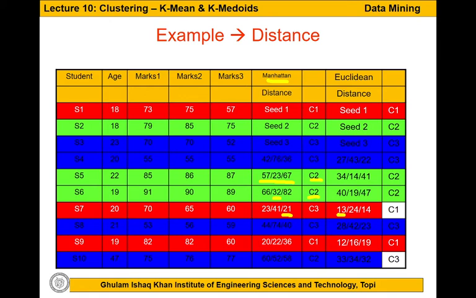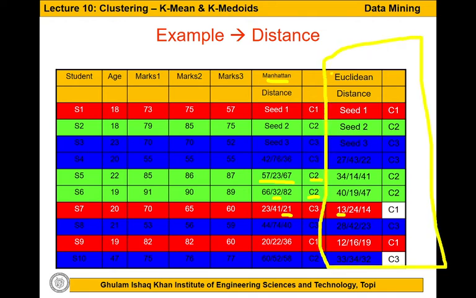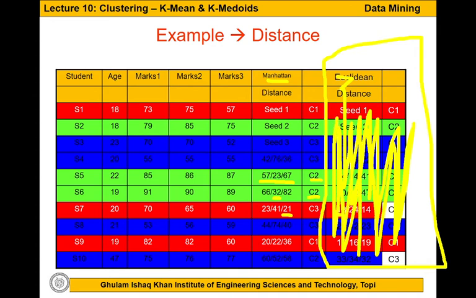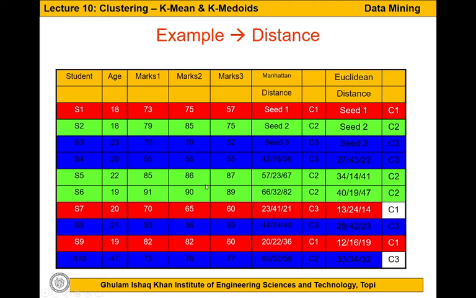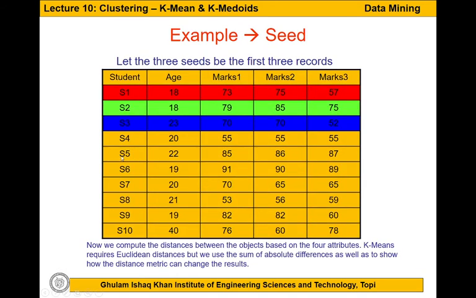This column was created just to demonstrate the influence of the distance measure; otherwise you can ignore one of the columns and use only one, because in any case you will be using only one distance measure. This is how the remaining data points are assigned to one of the clusters.